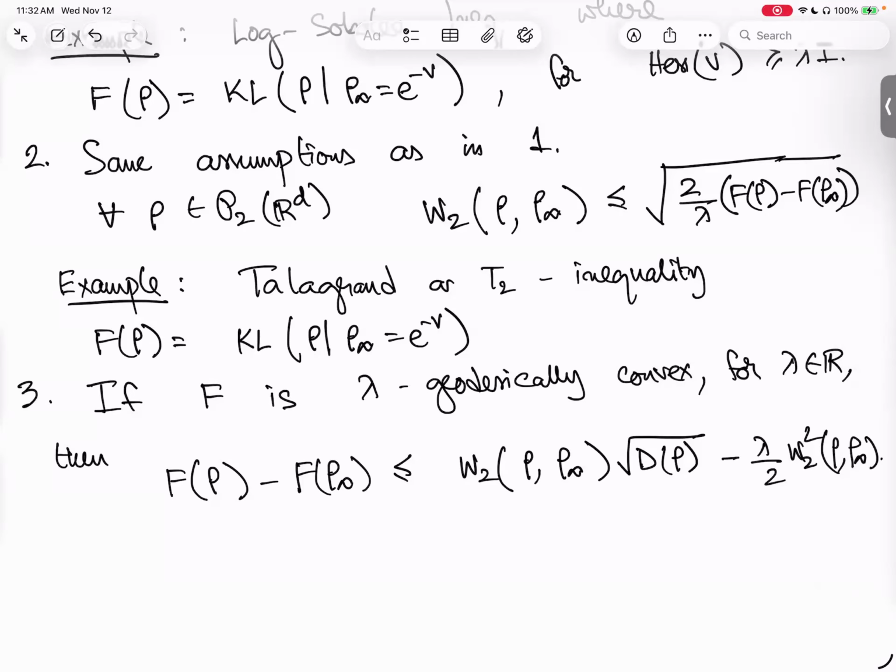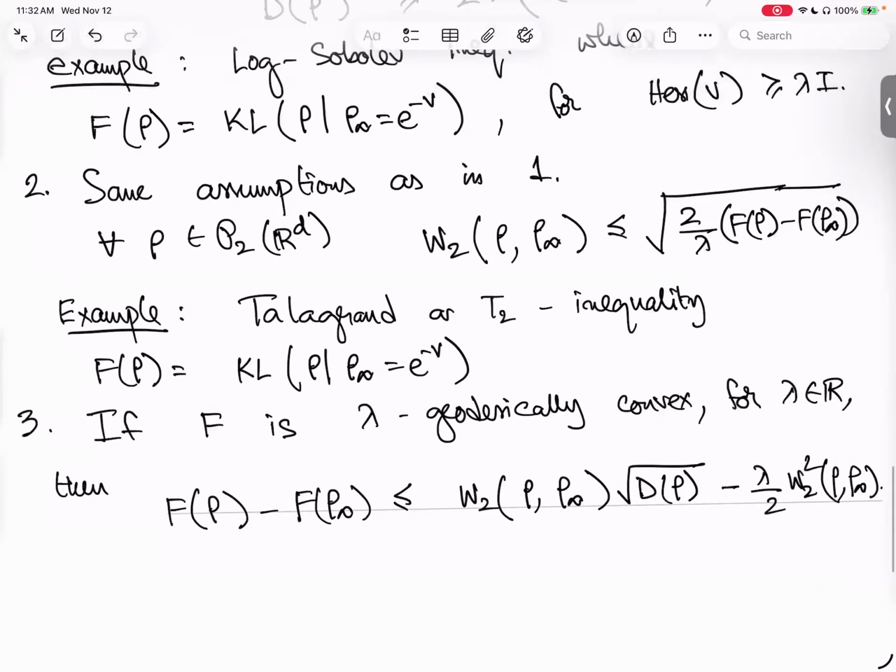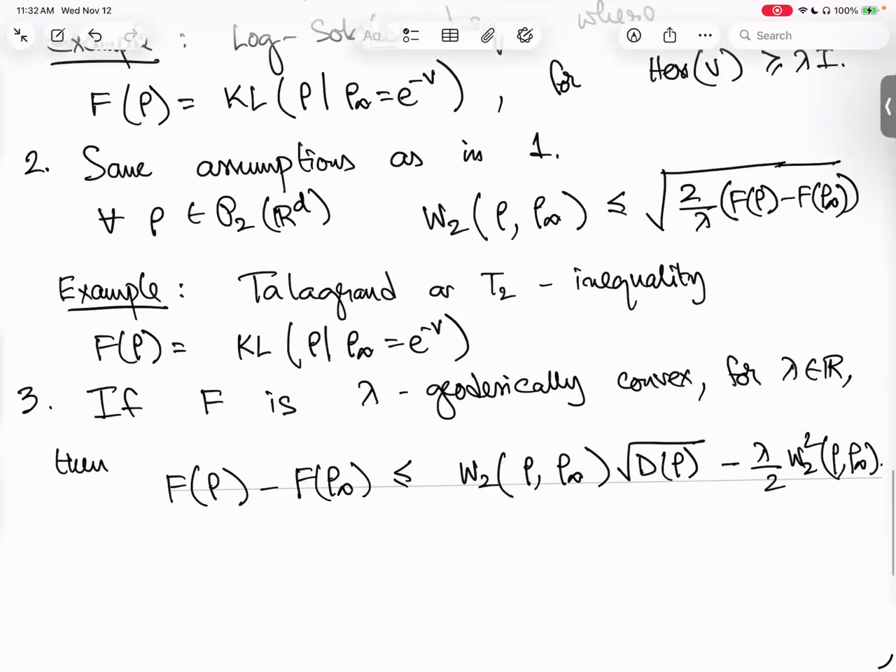Okay. This is, of course, the counterpart of the Hilbert space argument that I just showed before, where you're controlling the function difference from the minimum by 2 quantities. One is the square root of the norm of the gradient times the W2 distance, minus lambda over 2 times the W2 squared distance. Okay.